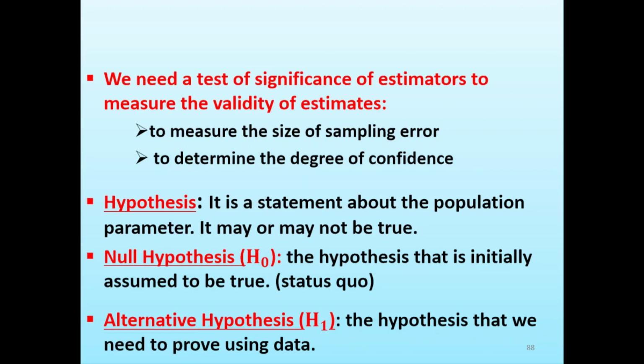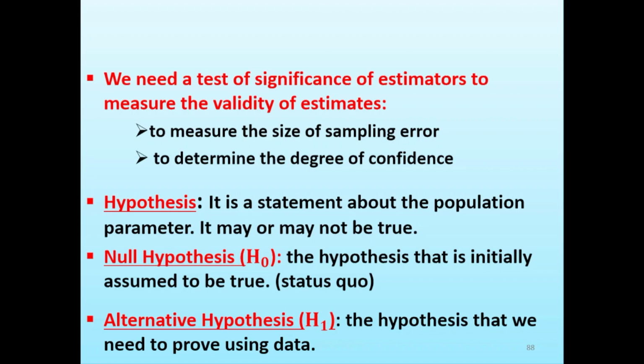When we reject a true null hypothesis, we make a type 1 error. Type 2 error is the wrong decision of accepting a false null hypothesis.